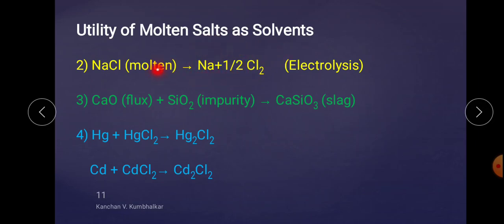This is the electrolysis method using molten NaCl, that is, molten metal halides generate a halogen by this method. So this is the second utility application.